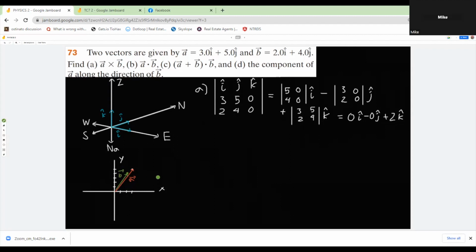Pero sige, okay na yan. Ngayon, tingnan mo, pag nag-right hand rule ka ng A cross B, ano yung nakuha mong direction?